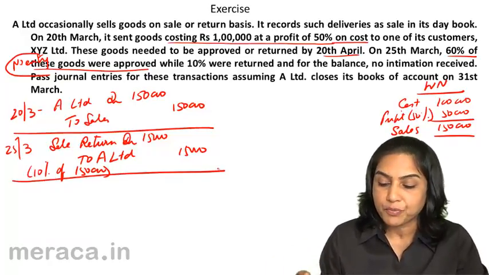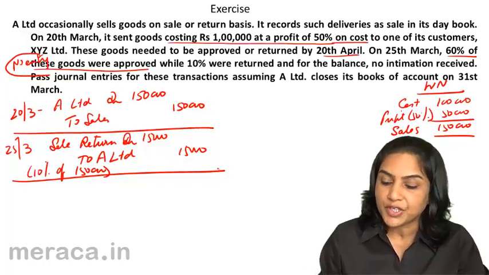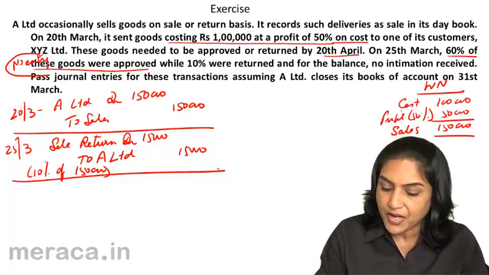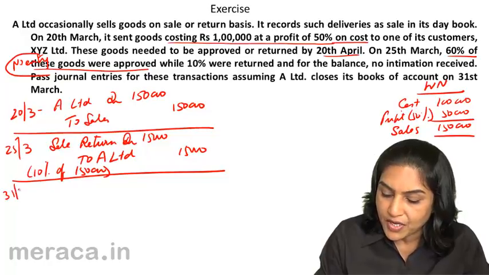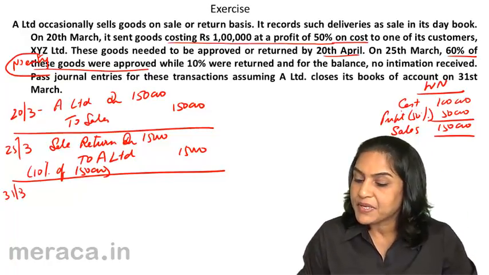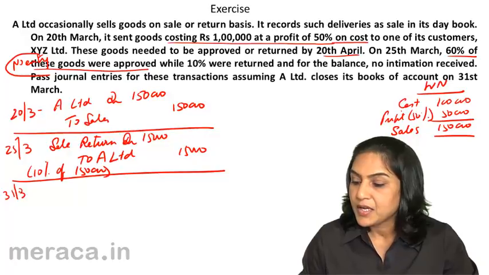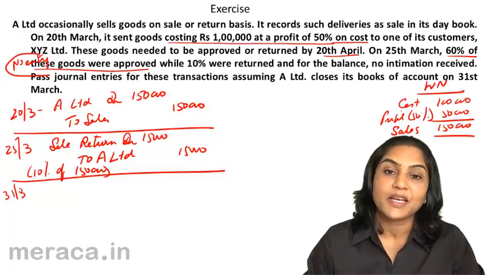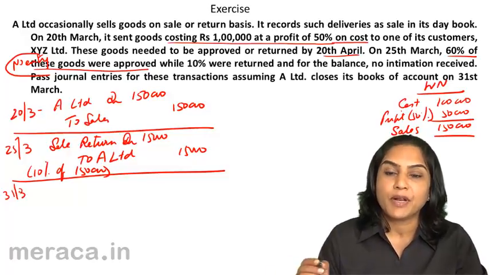So, goods sent on approval, we have passed an entry. Goods returned, we have passed an entry. Goods approved, we need not pass an entry. As on the date of closing, we still have 30% of the goods which are lying with the customer, which have not been returned, have not been approved. These goods belong to us.